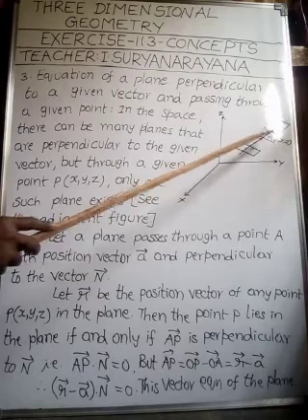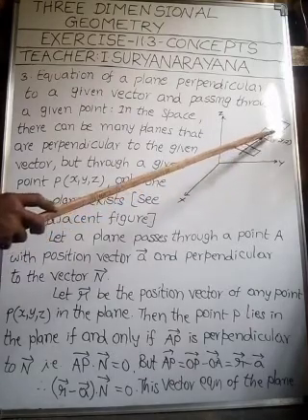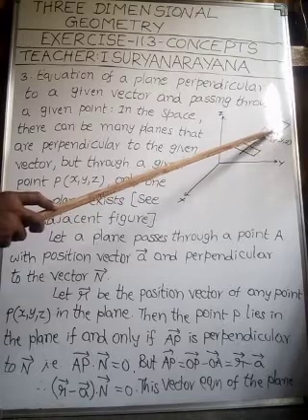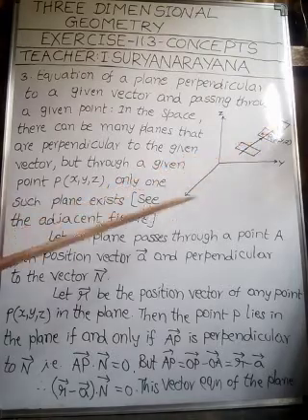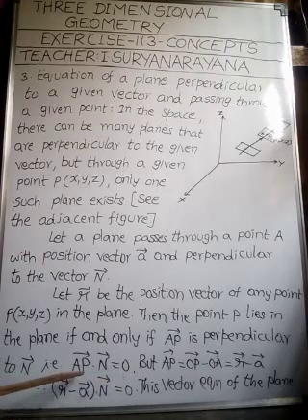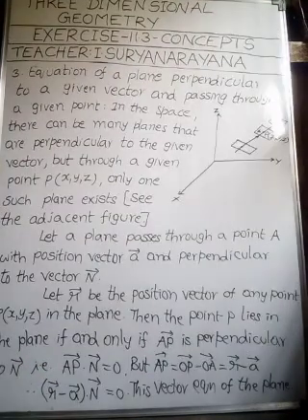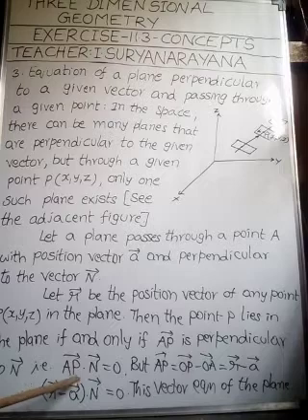If you take P anywhere on this plane, AP bar is perpendicular to this vector. That is, AP bar dot n bar is equal to 0, because these two vectors are perpendicular to each other, so their dot product is 0.